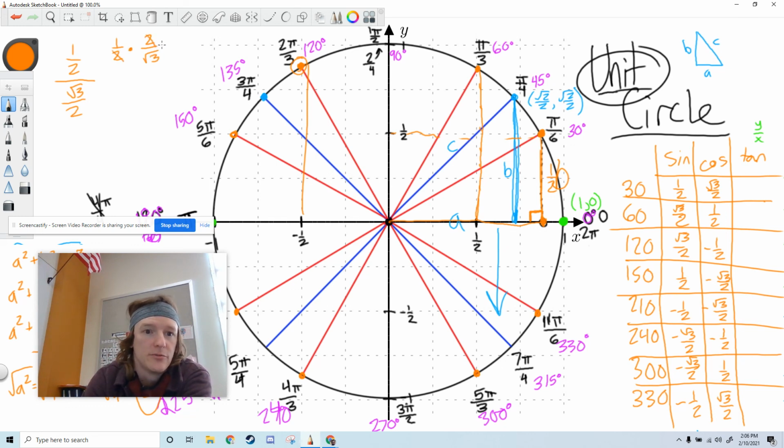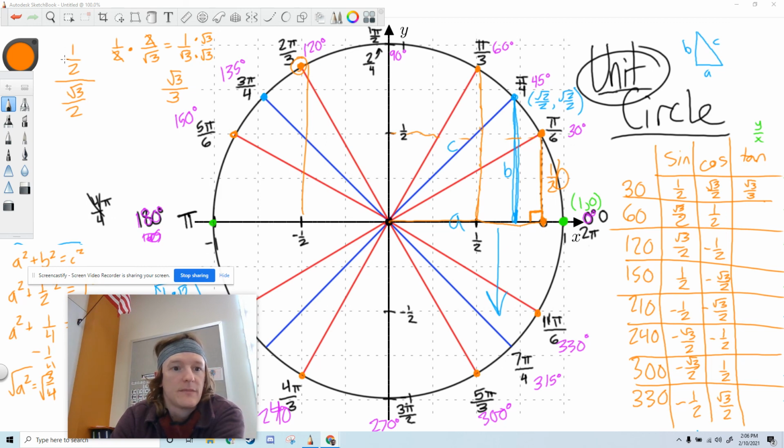Diagonally, we can cancel the 2's. So we get 1 over square root of 3. But remember, we can't have a square root in the denominator. So we'll multiply by square root of 3, multiply by square root of 3. We get square root of 3 on the numerator over 3 in the denominator. Square root of 3 times square root of 3 is 3. So we got square root of 3 over 3.